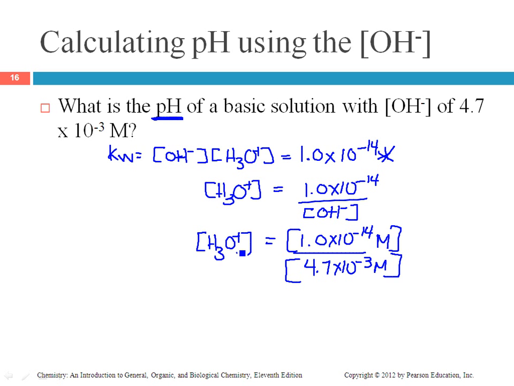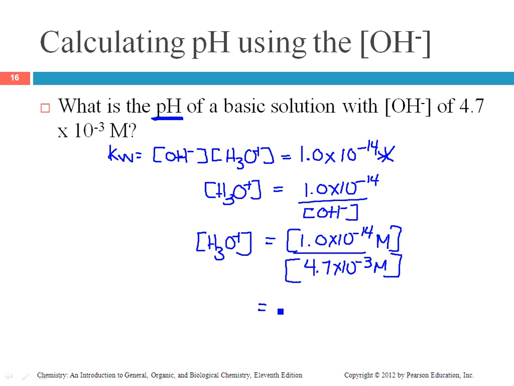So we take 1.0 times 10 to the negative 14 and divide. Remember that you need to be sure you're getting the same answers. There are a lot of calculator issues here, and most calculators want you to put these numbers in parentheses.